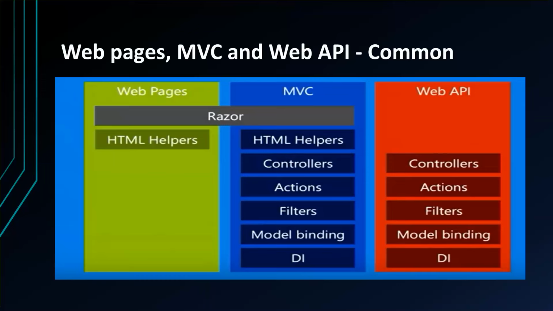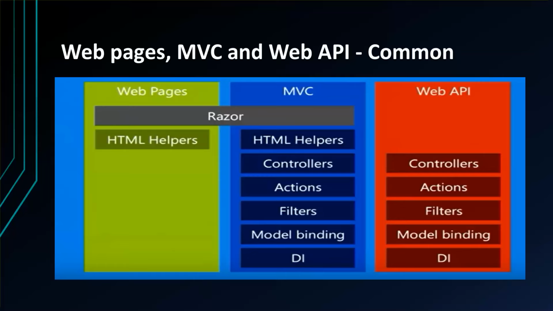If you see in earlier versions of ASP.NET MVC, if you are targeting your application using different technologies like web pages, MVC, and Web API, there are some areas that are very common, and there is some redundancy when developing an application. What is common between web pages and MVC is Razor and HTML helpers.